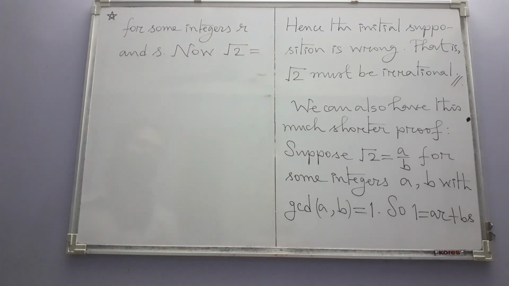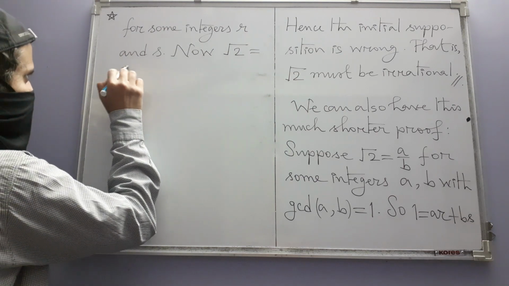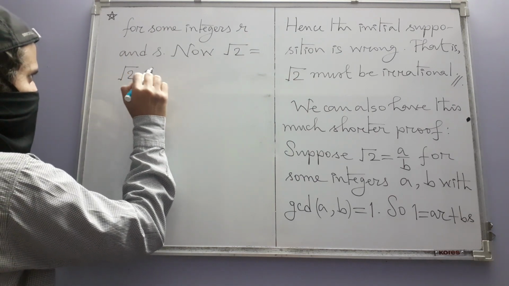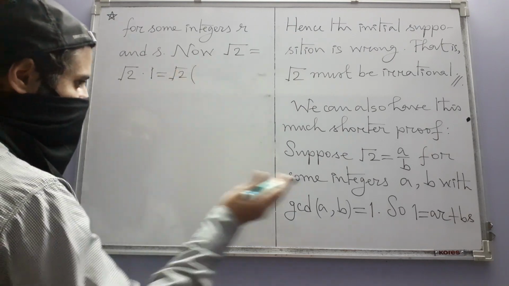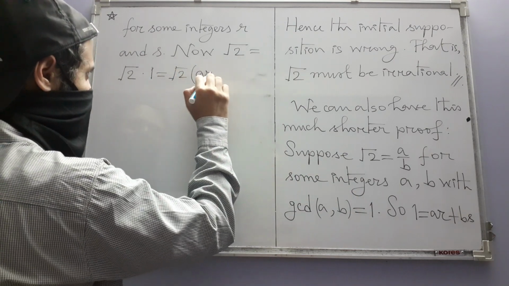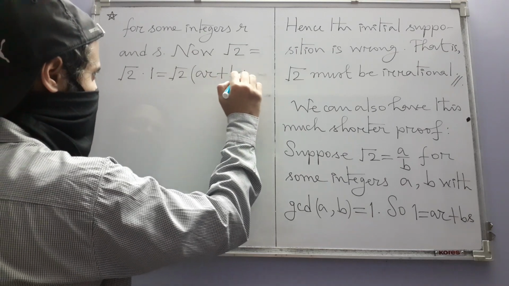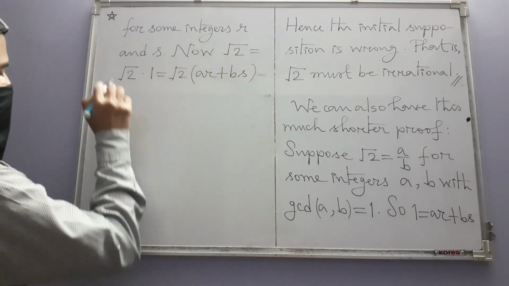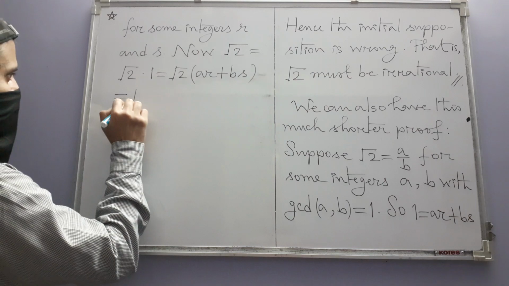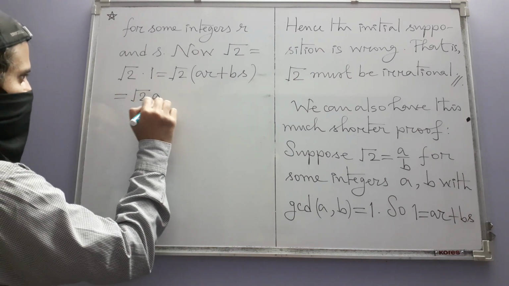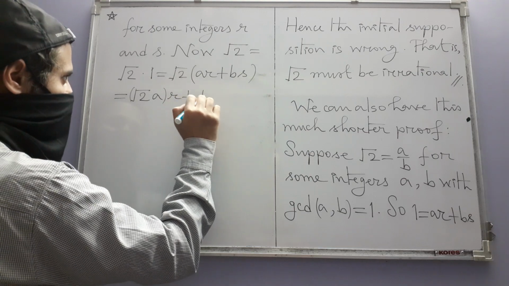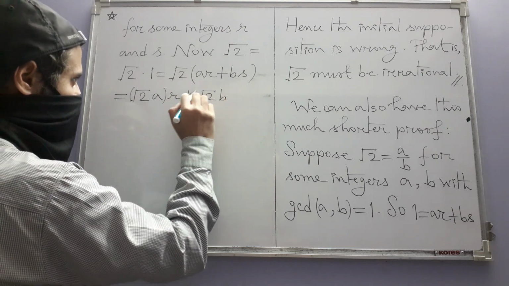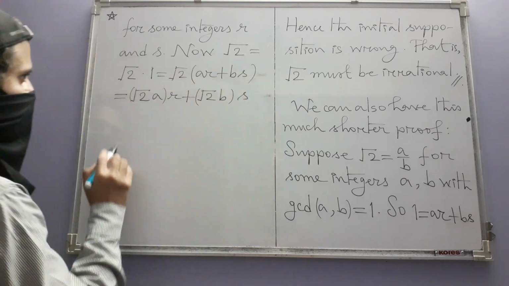Now root 2 can also be written as root 2 times 1, which if you use that expression, becomes root 2 times ar plus bs. So this becomes root 2a times r plus root 2b times s.